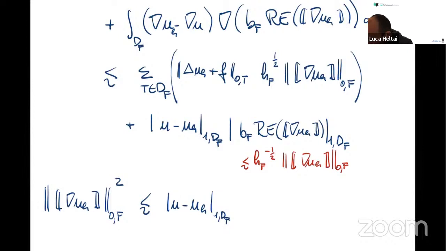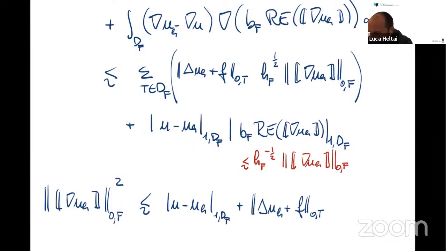And the second term is plus the Laplacian of uh plus f, 0t. And now I should have a power.